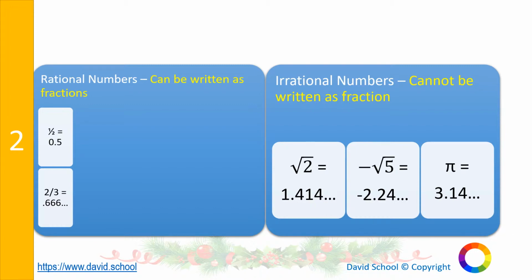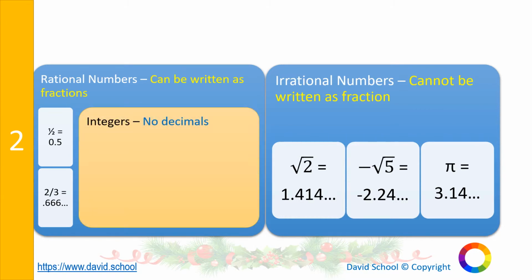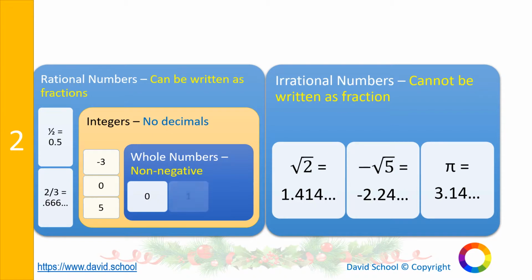This is a repeating decimal. And we have the integer set. As we have seen at the beginning of this lesson, both naturals and whole numbers are the subsets of integers. Integers are not decimals. Please remember, integers are not decimals.